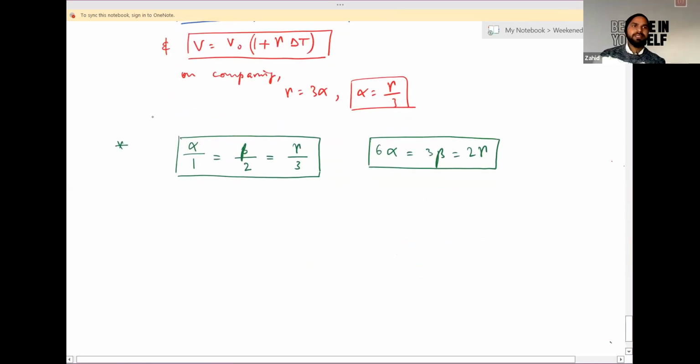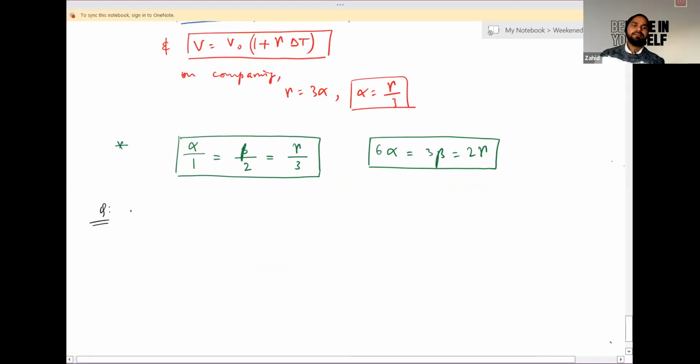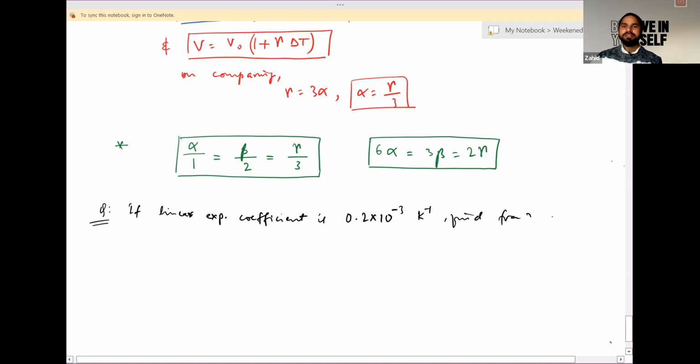Now there will be questions related to this. If the linear expansion coefficient is 0.2 into 10 to the power minus 3 Kelvin inverse, find the fractional change in volume at 100 degrees Celsius.